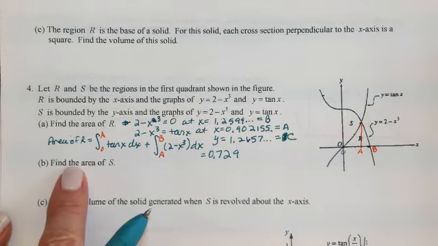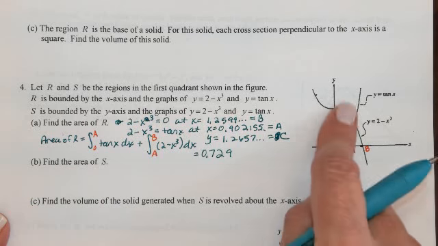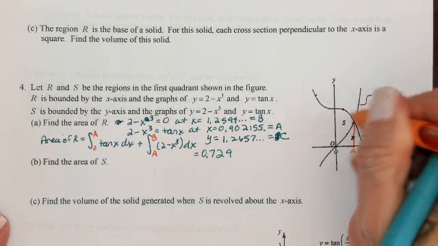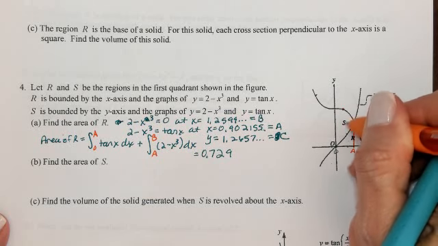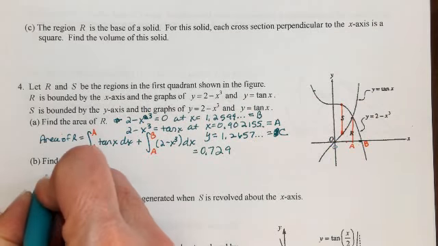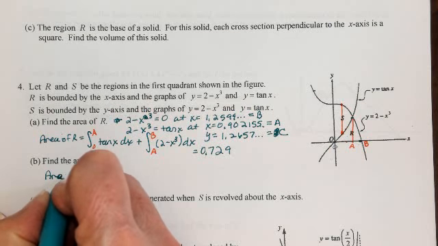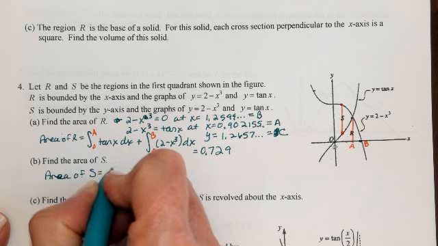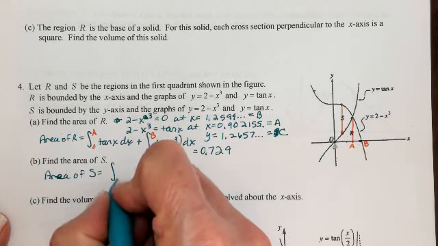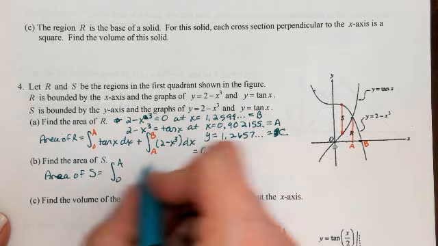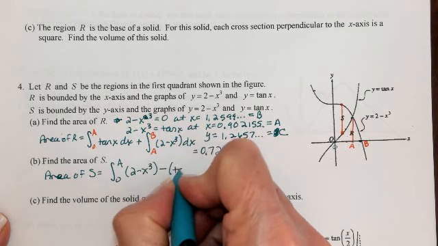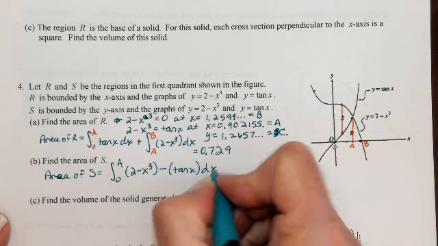Okay, next up, find the area of S. Well, for the area of S, I'm definitely going to do top minus bottom because the 2 minus x cubed is always on top and the tangent x is always on the bottom. So that's not going to be nearly as bad. Area of S will be the integral from 0 to a of top minus bottom, 2 minus x cubed minus tangent x dx.